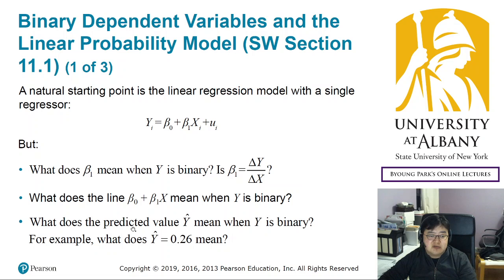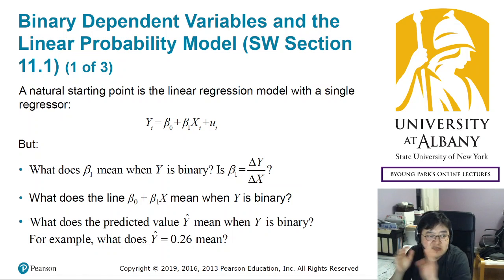For example, suppose that you predicted the mortgage application result using a household's income. Then you obtain 0.26. What does that mean? This is the first major problem in handling a binary variable. Remember, the binary variable has only two values, acceptance or denial.